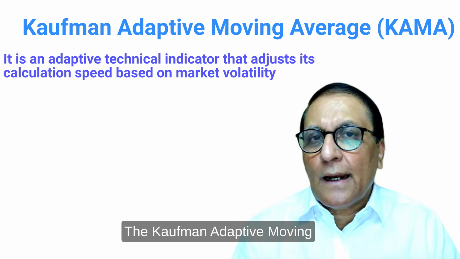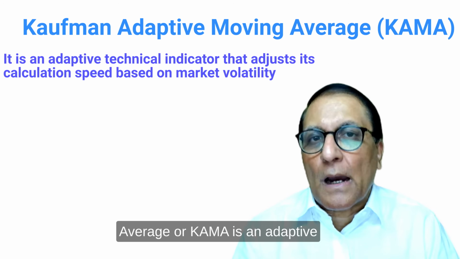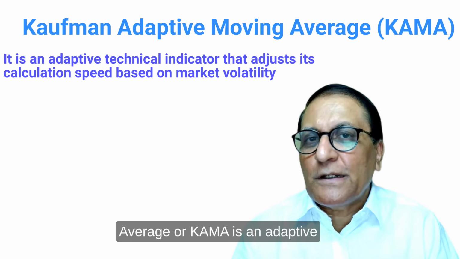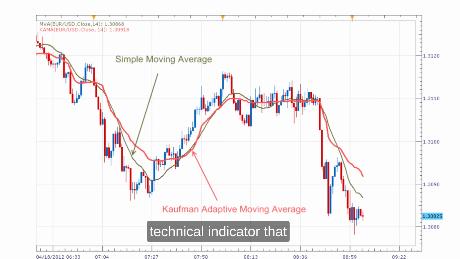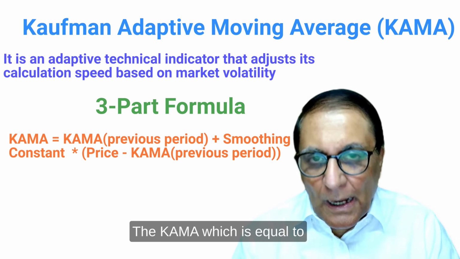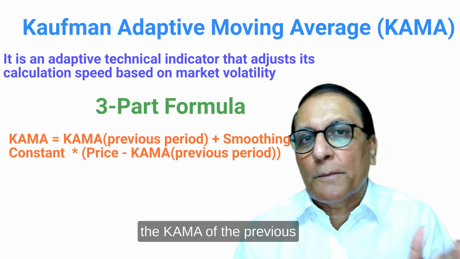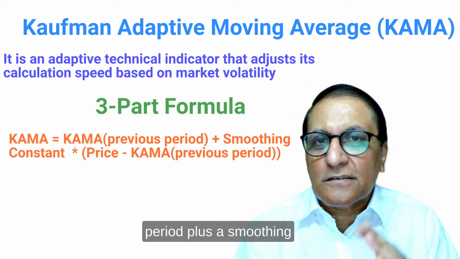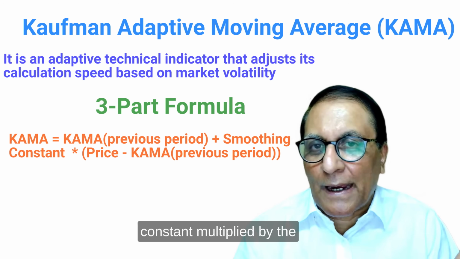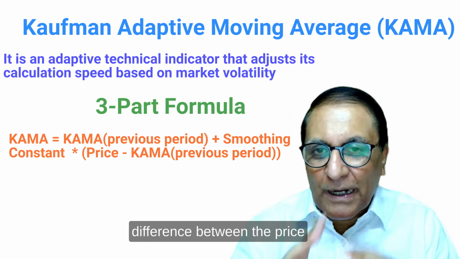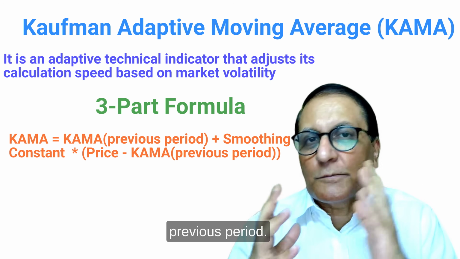The Kaufman Adaptive Moving Average or KAMA is an adaptive technical indicator that adjusts its calculation speed based on market volatility using a three-part formula. The KAMA is equal to the KAMA of the previous period plus a smoothing constant multiplied by the difference between the price and the KAMA of the previous period.